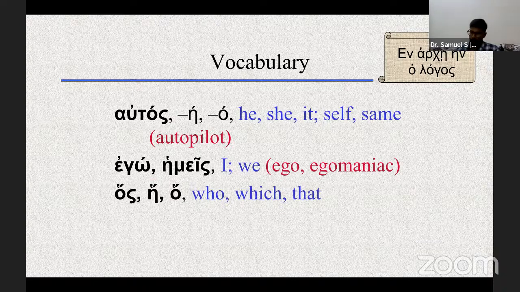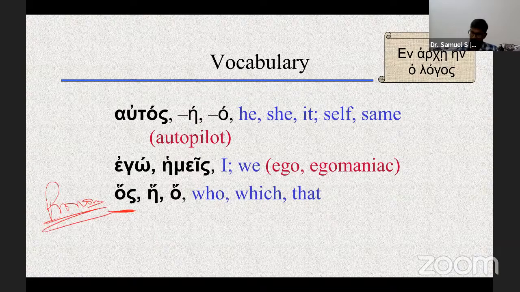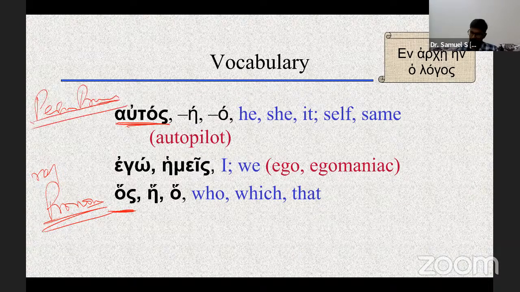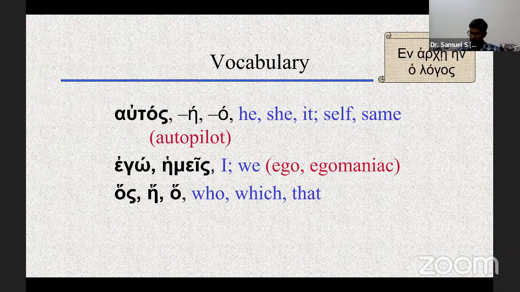Hos is a relative pronoun. Autos is a personal pronoun. Hos, who, which, that.